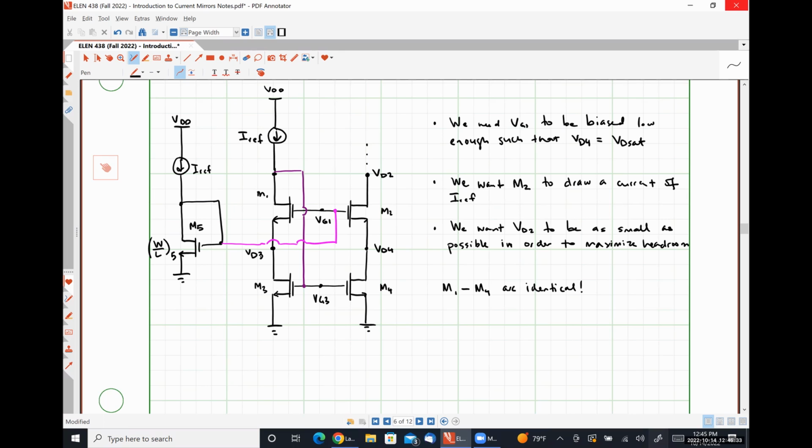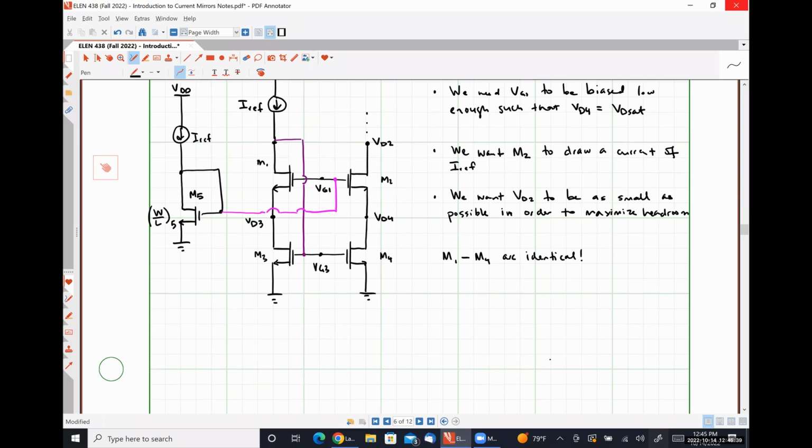So if we look at this connection, we can see that our voltage VG3 is equal to VGS3, right? Since the source of transistor M3 is at ground, and therefore this voltage VG3 is equal to VTH plus 1 VDSAT.